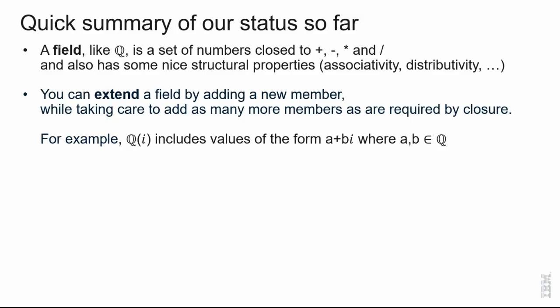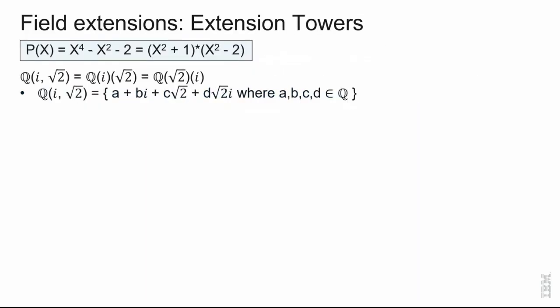If you have an equation and don't have a solution in a field, you can always extend the field by adding a new solution of any number to this field. But you just have to take care that you add enough numbers so that the field remains closed. So if you add A and B, you have to add A plus B also. And finally, we saw the example of Q adjoin i, which has this form of A plus Bi, where A and B are taken from the rationals. Actually, that's it. Okay, so let's continue.